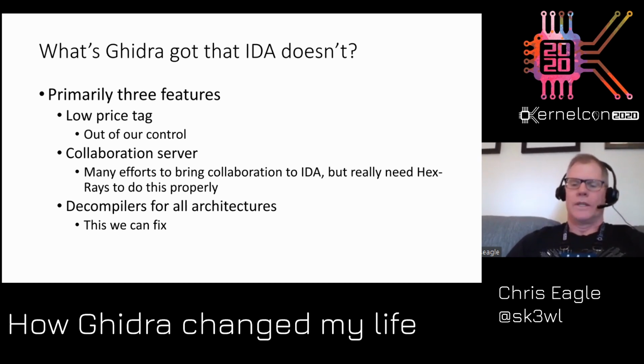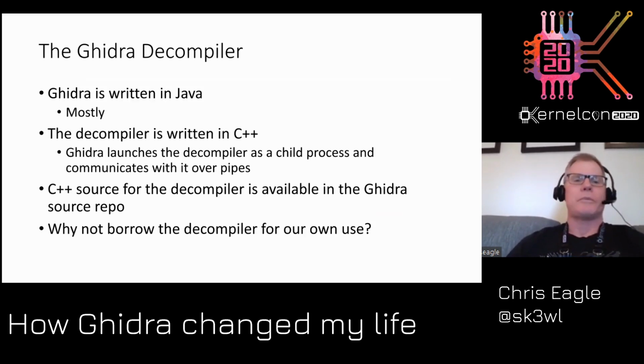So this is the one thing that we can bring over from Ghidra, as it turns out. Most of you know that Ghidra is written primarily in Java. Turns out it's not entirely written in Java. The user interface elements are all Java. It gives them the cross-platform capabilities. Most of the disassembly things happen in Java.